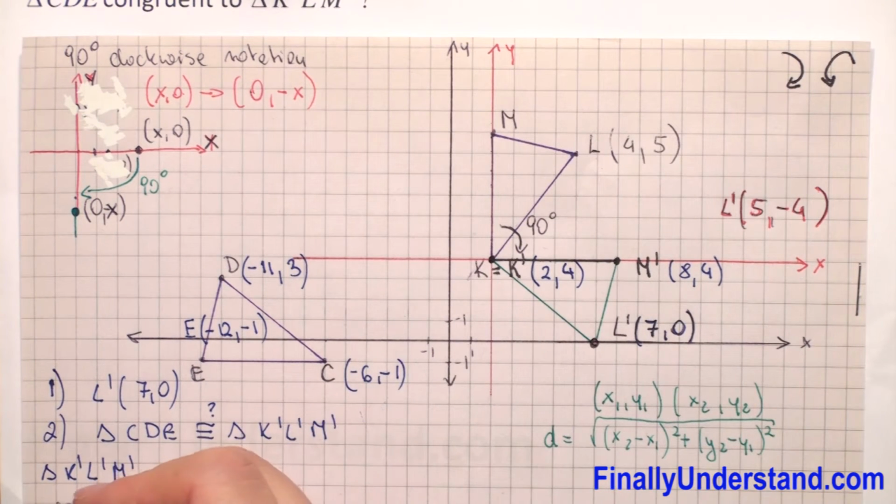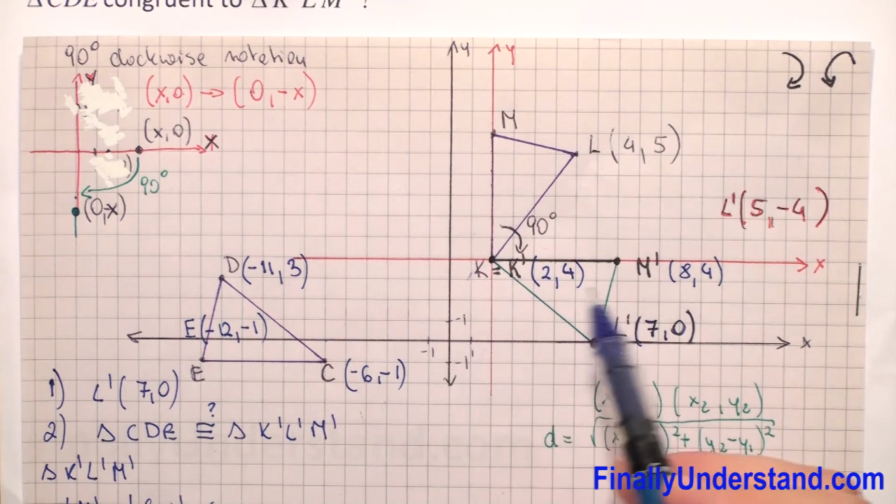So let me write this. The side K prime M prime is the absolute value of 8 minus 2, so this is equal to 6. We have side K prime M prime.